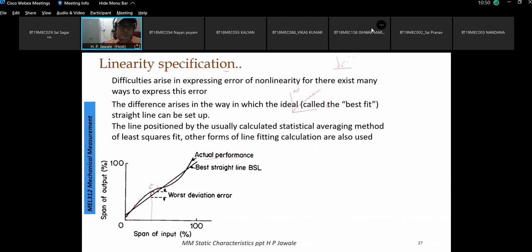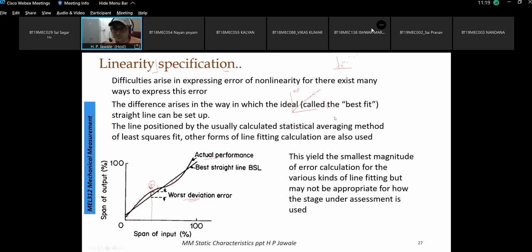Suppose it comes maximum on the sixth reading, the difference between the sixth reading and the corresponding point on the best fit straight line is the worst deviation. That is nothing but the worst possible non-linearity in the instrument or the measurement system, right?